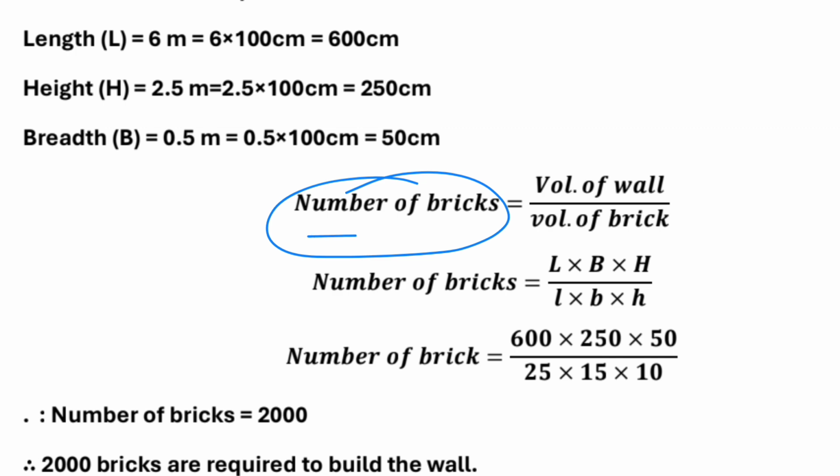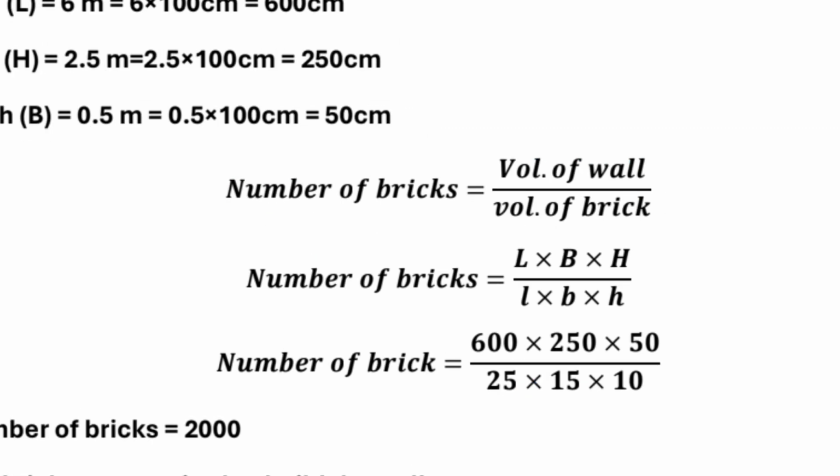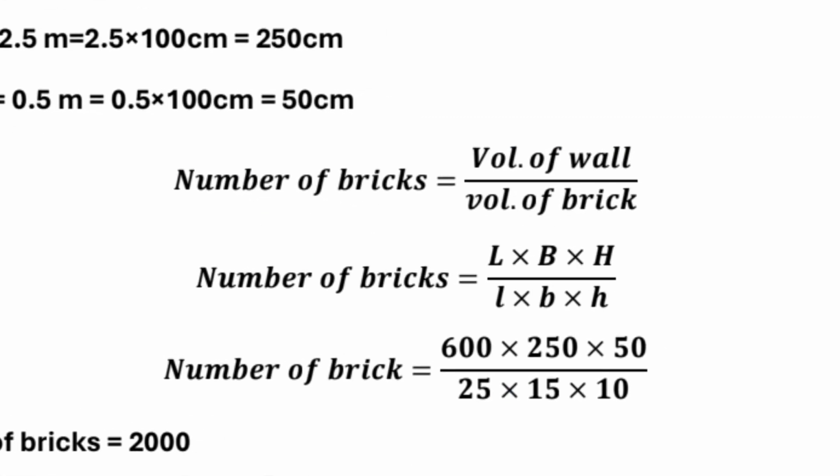Number of bricks is equal to the volume of the wall, the bigger one, at the numerator, upon the volume of the brick, which is smaller in size, at the denominator.